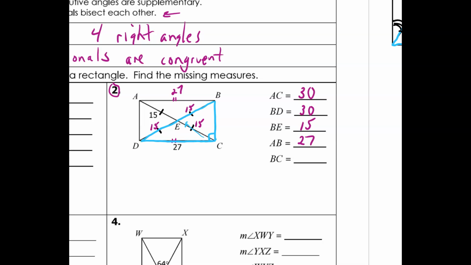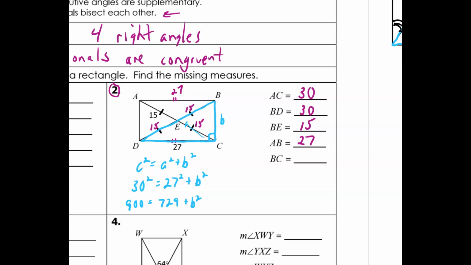So that's 30. So we know that c squared is equal to a squared plus b squared. In this case, 30 squared, that's the c, is equal to a squared, which would be the 27, plus, we'll just call it b squared. We'll call that b temporarily. All right, then we apply the Pythagorean theorem to this, we get 900 is equal to 729, 27 squared, plus b squared.